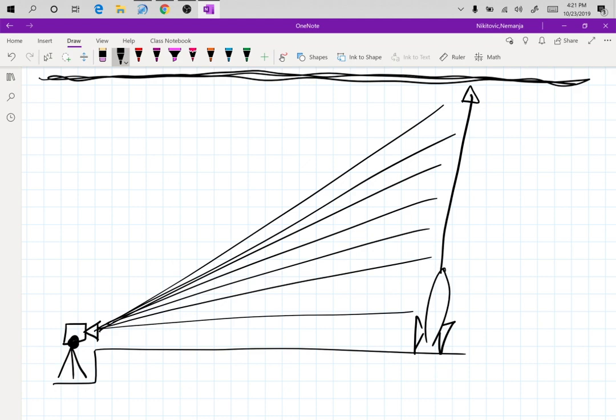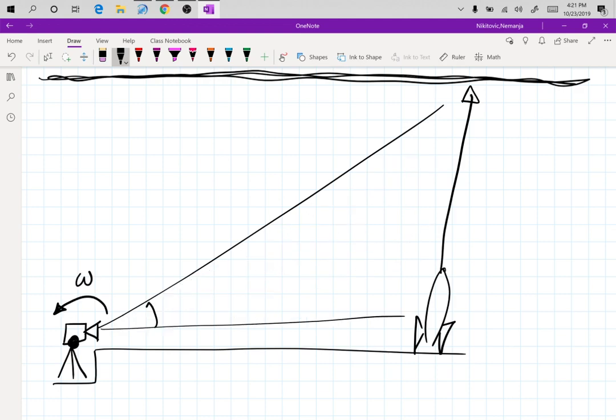All right, so I'm just going to get rid of all of these intermediate lines and just keep the 2 lines that I actually care about. So we know that this camera will be turning this way with what we in physics call angular velocity omega. So this angle here is important.